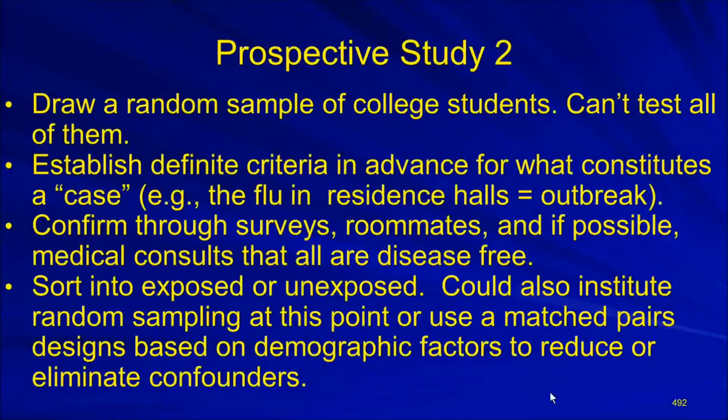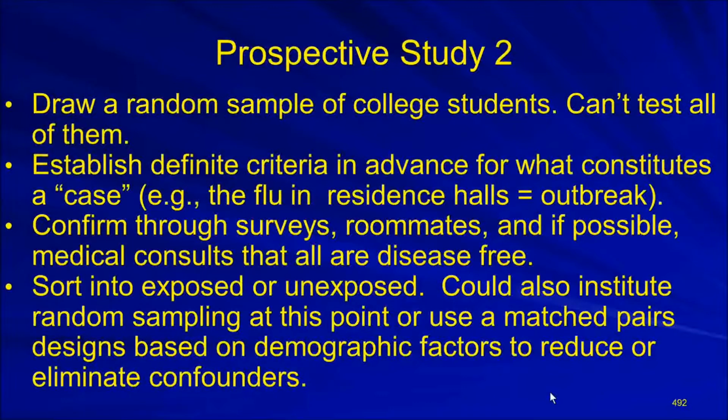bias or error. So anyway, we're going to take a certain percentage, or a certain number, so we would select every 8th student, for example. And we do the power calculations to know how many students we need to select. We would notice this, establish definite criteria in advance for what constitutes a case.